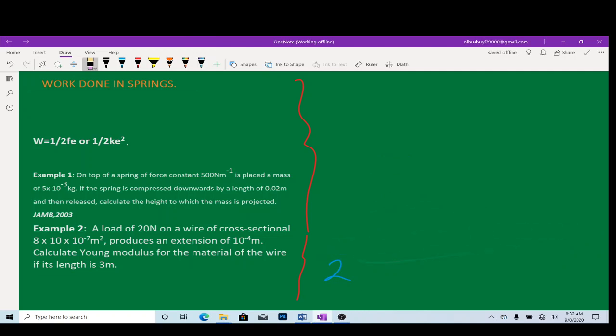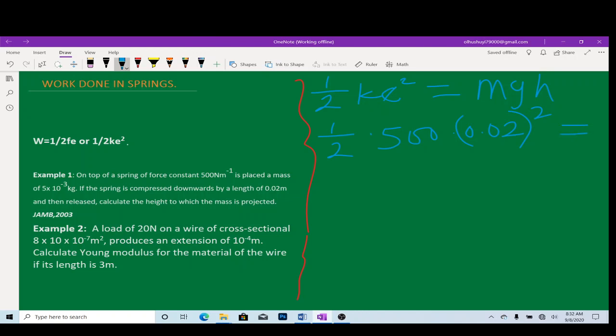So let me write it here. Half Ke squared is equal to mgh. So I have half times 500 times 0.02 squared.